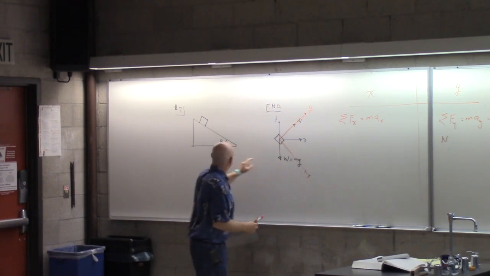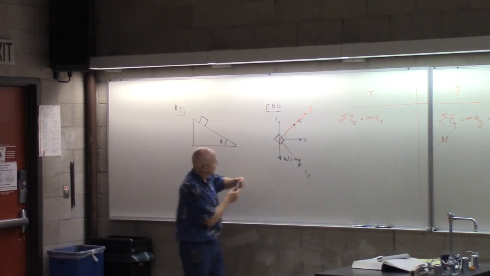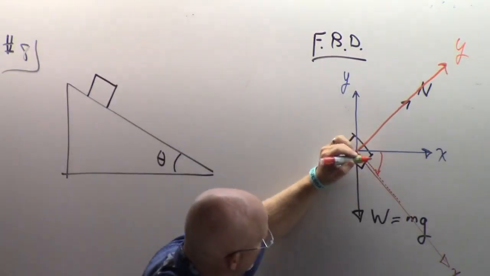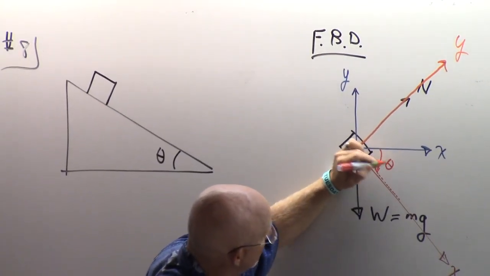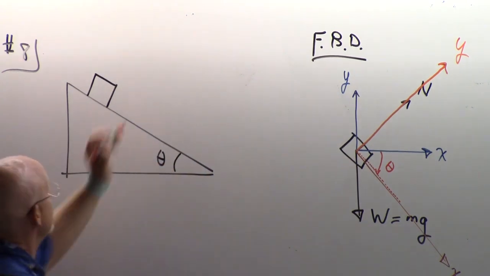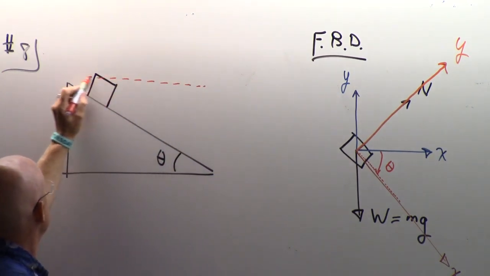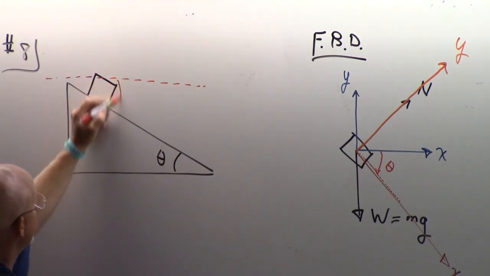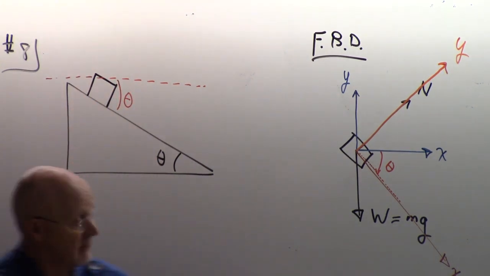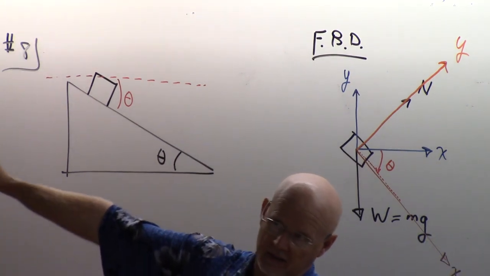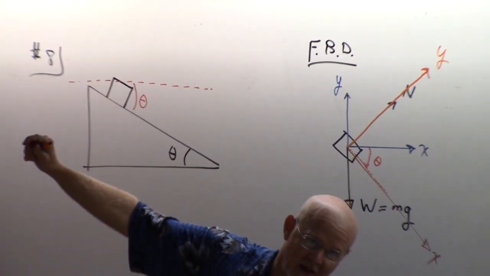See, I am trying to tilt by an angle of theta. Or maybe I'll draw a horizontal here, right? If the slope of the hill is theta, then I'm trying to tilt my x-axis by theta.